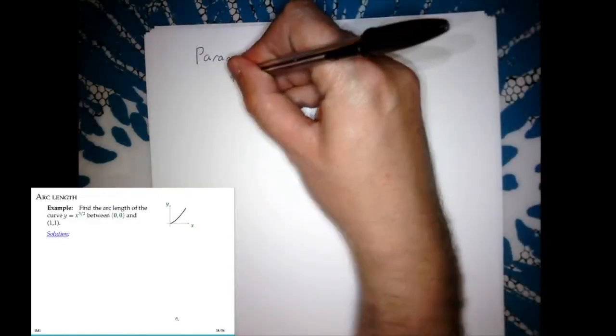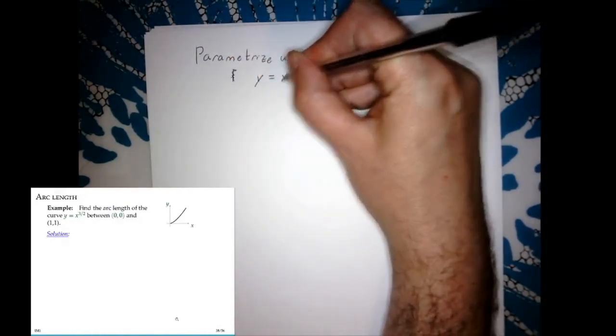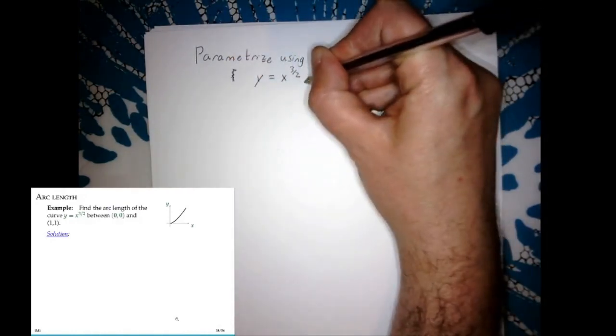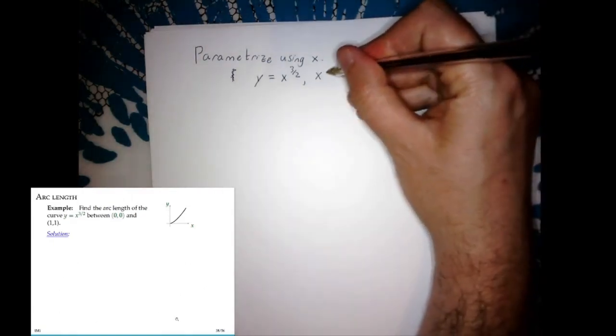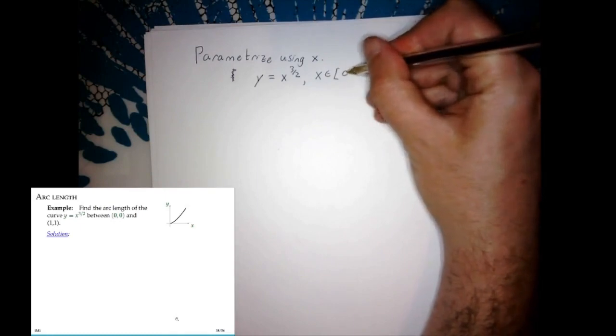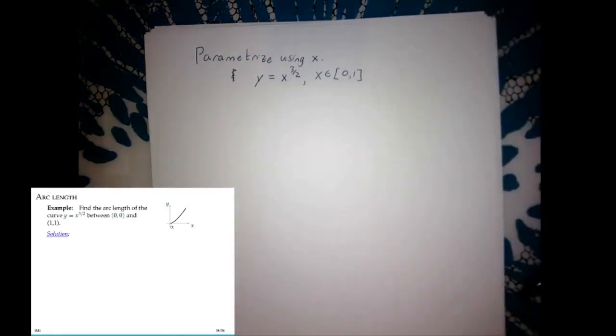Then what we have is y equals x to the 3/2. This is the equation that's defining the curve, and the parameter x goes between 0 and 1 along this curve. So x starts out at 0, here at the left-hand side, and then as x goes up to 1, we go along the curve up to the top here.